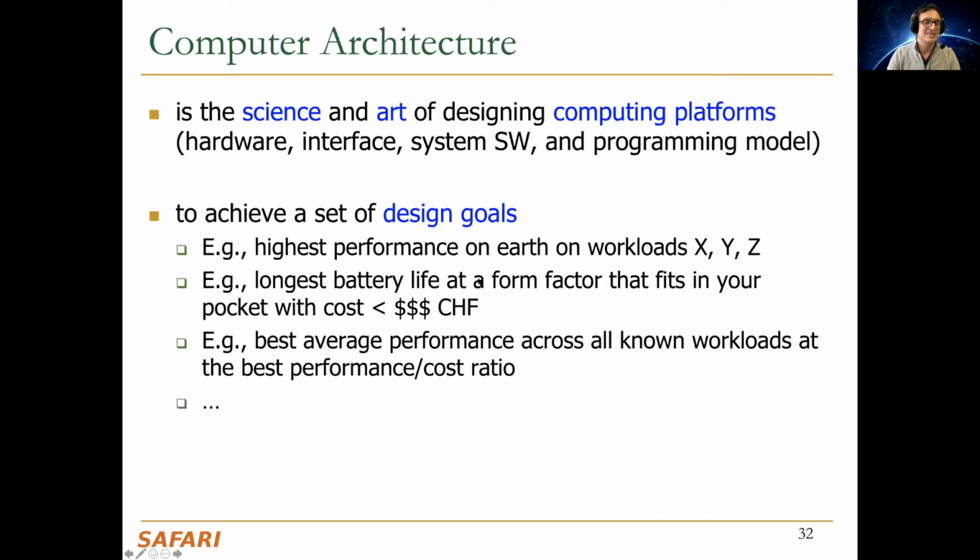And you can keep expanding it. For example, you can say, I care about only one workload, but I don't want to have a supercomputer. I want to have a relatively specialized system. And we're going to talk about those actually in this particular lecture also. So there may be many, many different computing platforms that you design. For example, I want to have the best AI ML inference engine accelerator that operates with mobile computing constraints, right?